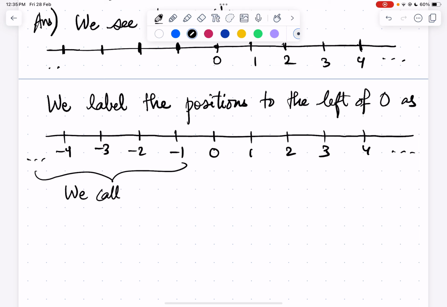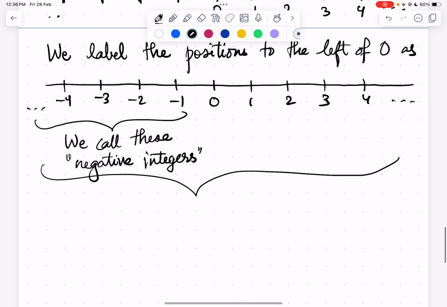We call these positions to the left of 0 negative integers, and we call all of these positions the integers. So we naturally came across negative integers.